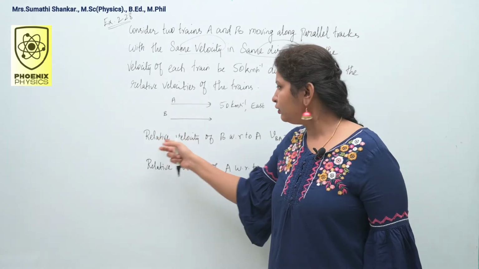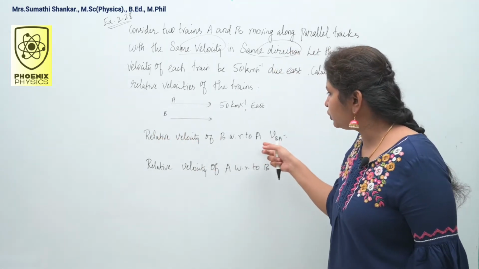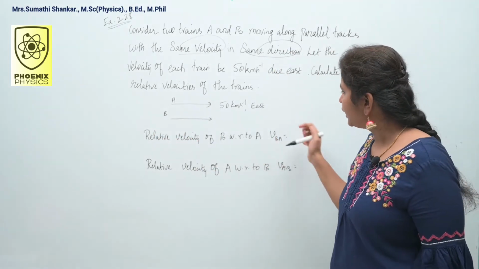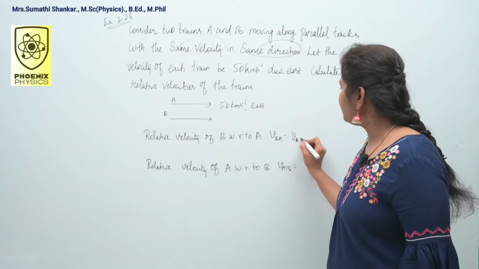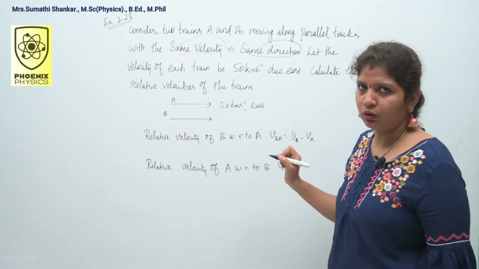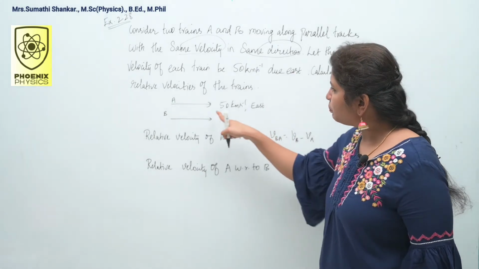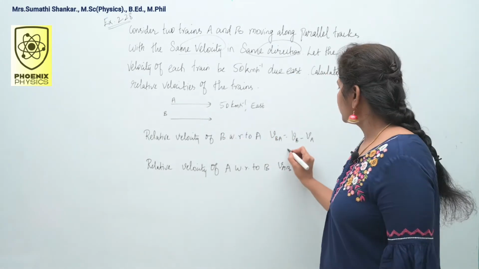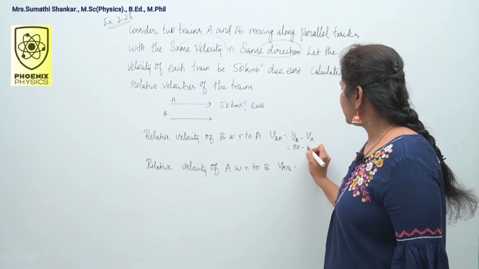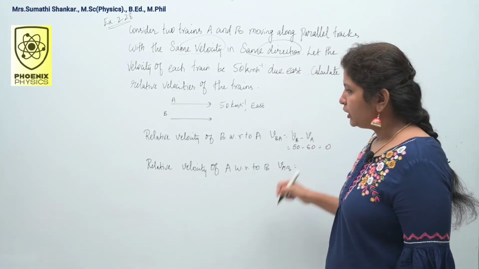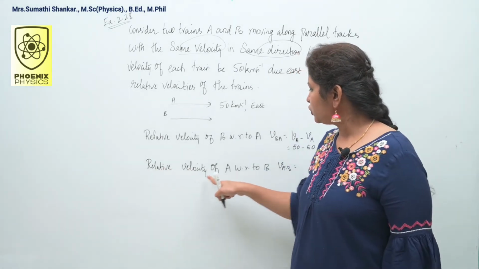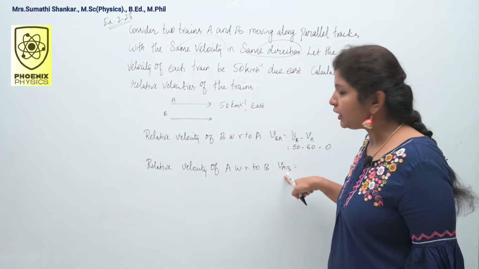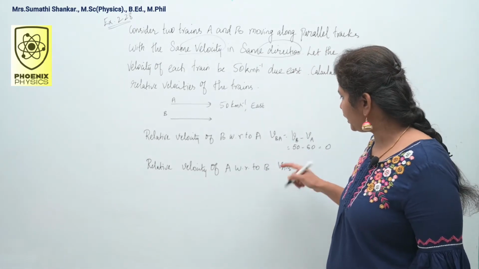So, the relative velocity of B with respect to A can be written as VBA, that is equal to VB minus VA. This is the general formula. Here both the velocities are the same. So, 50 minus 50 is equal to 0. Similarly, the relative velocity of A with respect to B can be written as VAB.